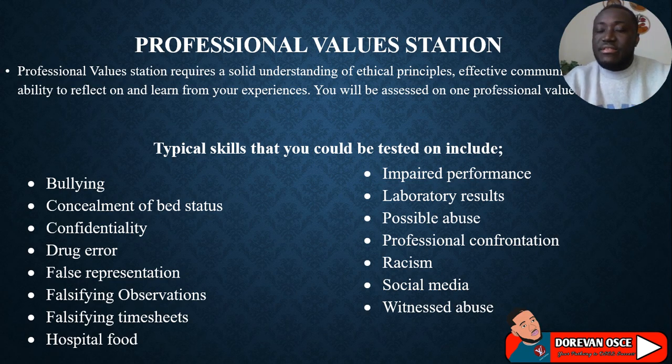Some of the professional values that you can be assessed on include bullying, concealment of birth status, confidentiality, drug error, false representation, false observations, hospital food, impaired performance, laboratory results, possible abuse, professional confrontation, racism, social media, and then witness abuse.